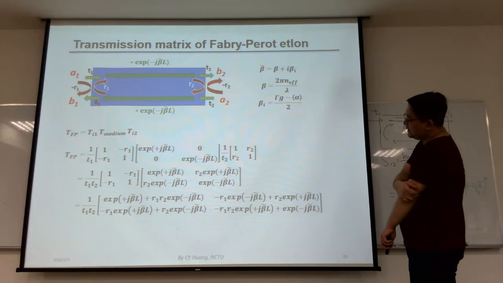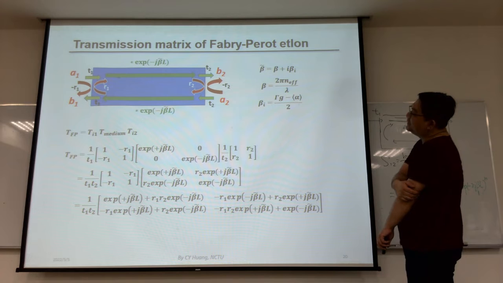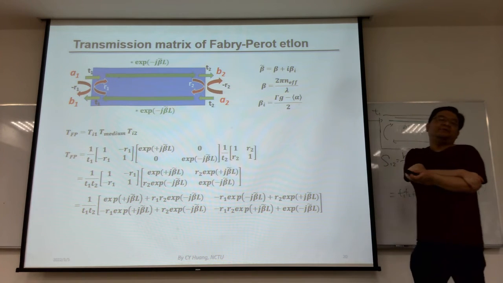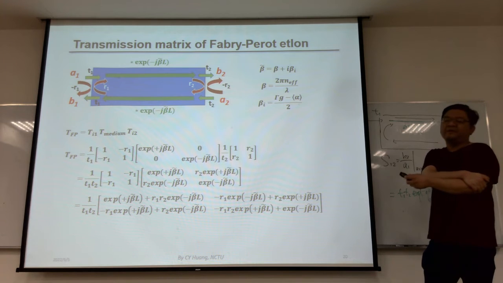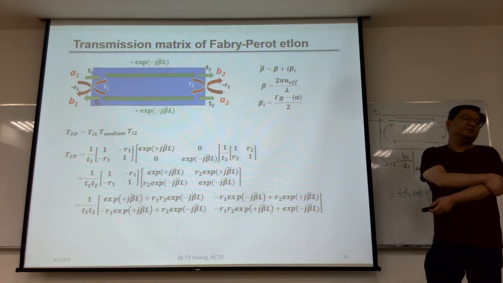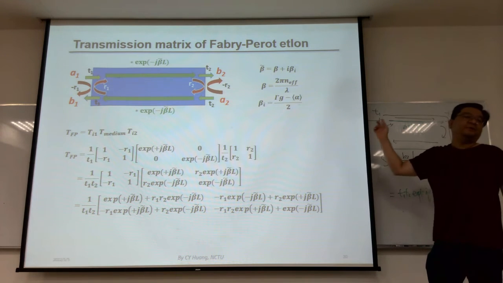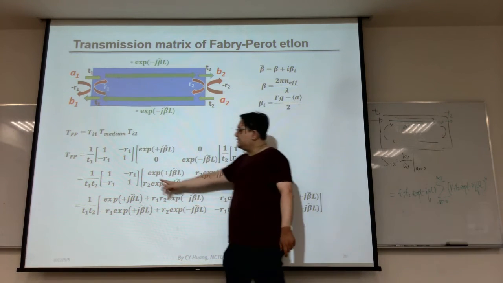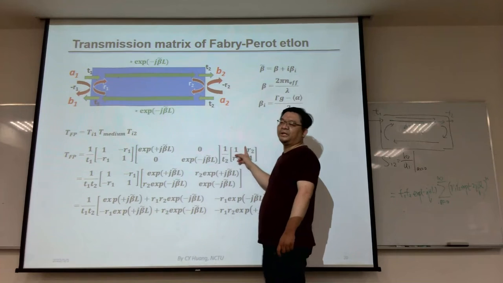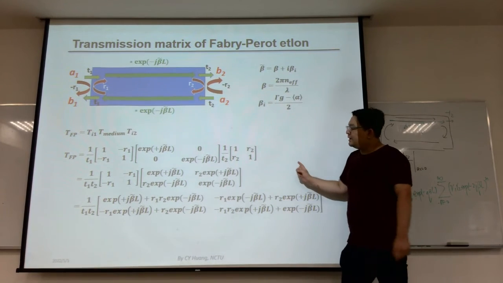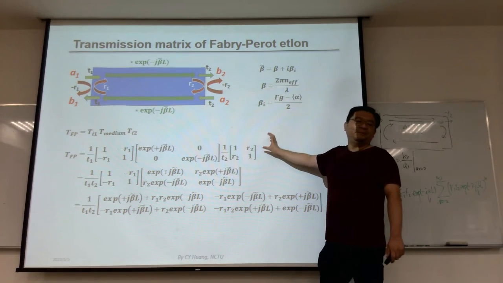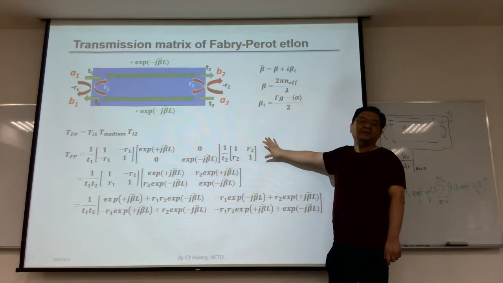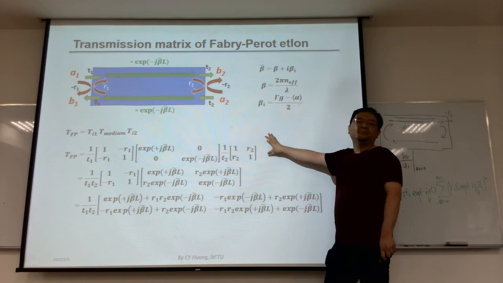If we want to find the transmission matrix of the Fabry-Perot, we simply multiply these 3 matrices together directly. It will feel a little bit painful when you do it by hand, but this is a very easy trick for computers.